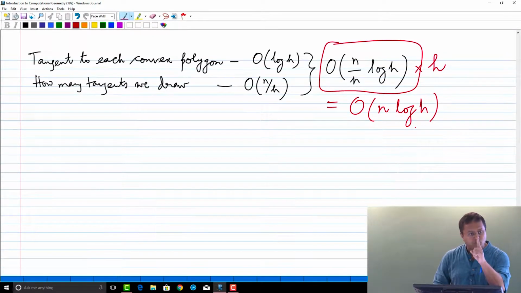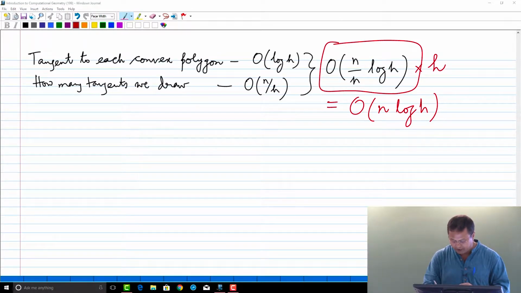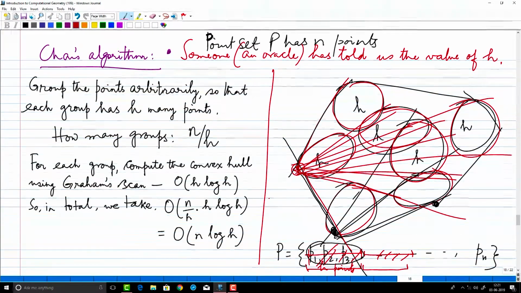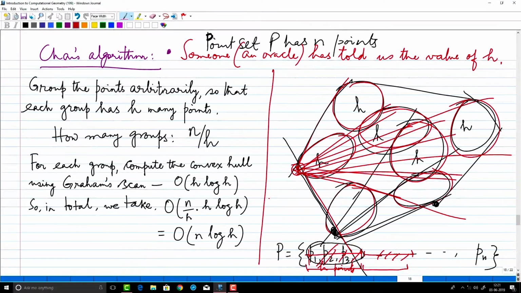Because someone has told you h, after doing this first computation, then you came here, then you went there, there will be only h many computations, because h is the number of points on the hull. So, after having done h such computations, you will surely wrap back to where you started from, and I am done.